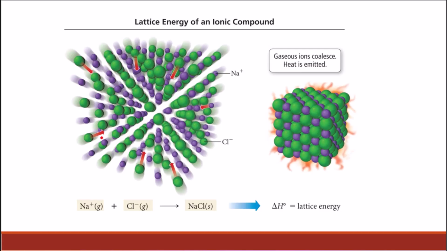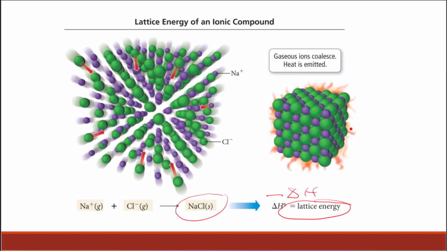So if I take sodium cations and chloride anions and combine them to make solid sodium chloride, you're going to get a release in energy. You get this negative delta H, and we call that the lattice energy. It's a measurement of how strongly attracted to each other the cation and the anion are.